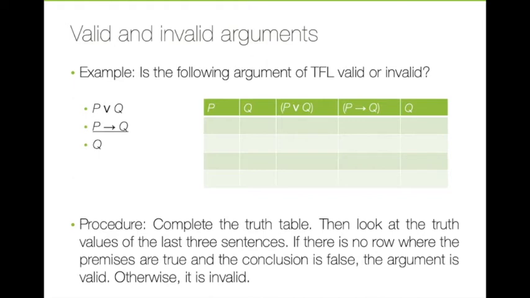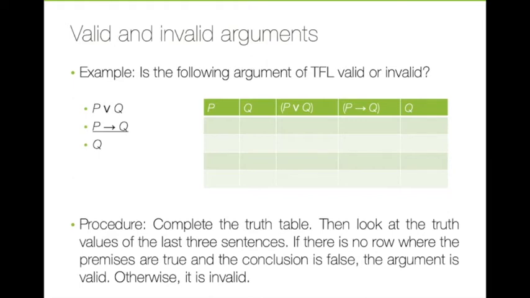The procedure we'll use is the following. First, you have to complete the whole truth table. We'll look at that in a moment. Then, you would look at the truth values of the last three sentences.